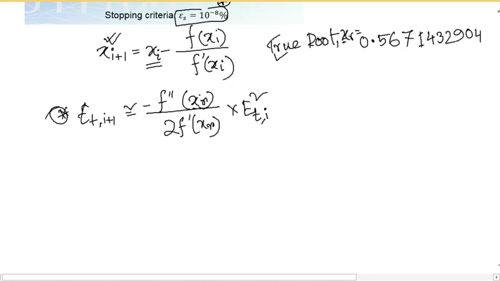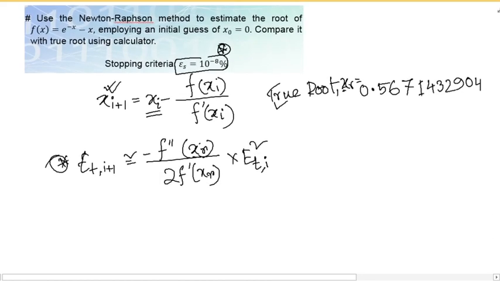Anyway, now we'll be starting our problem. So function of x, in our case, what is the function of x? Function of x is e to the power minus x minus x. So as we need to determine this one and this one, we can write xi.